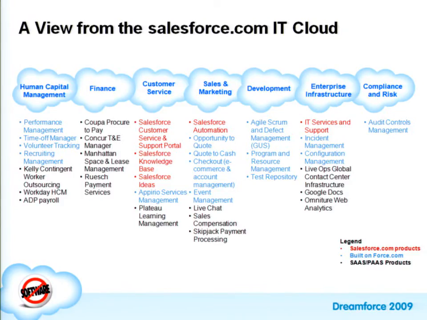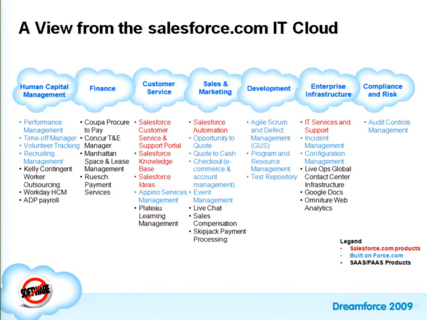Some built by us, some built by our partners. You have seen a lot of applications on AppExchange. We do use those applications internally within our IT domains. And the third set is the SaaS and PaaS products our vendors provide. For example, Workday, HCM, ADP, our finance, Coupa, procure-to-pay applications.